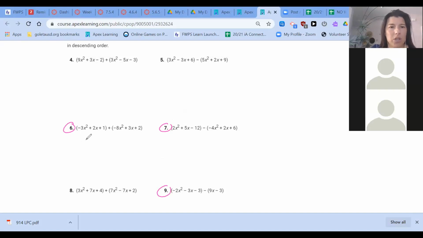Okay. So looking at number 6, notice we're adding, so we're able then to combine like terms, and we can actually reorder our terms. So we can put them next to each other to help us combine like terms. So we have a 2x and a 3x, and then last we have a 1 and a 2.